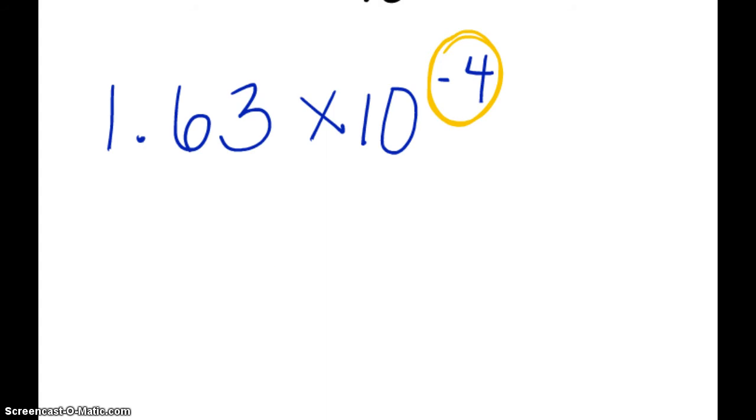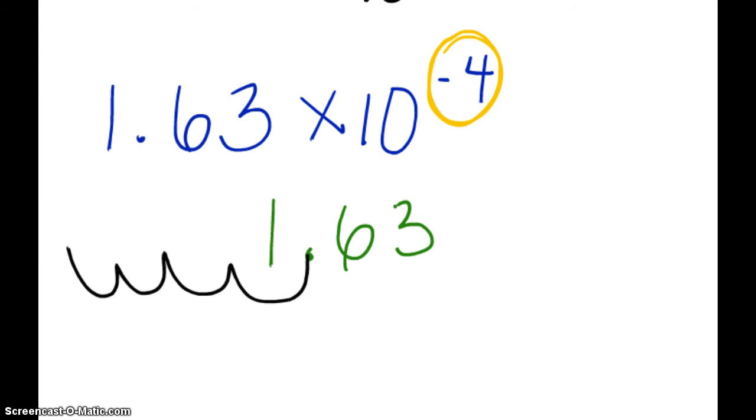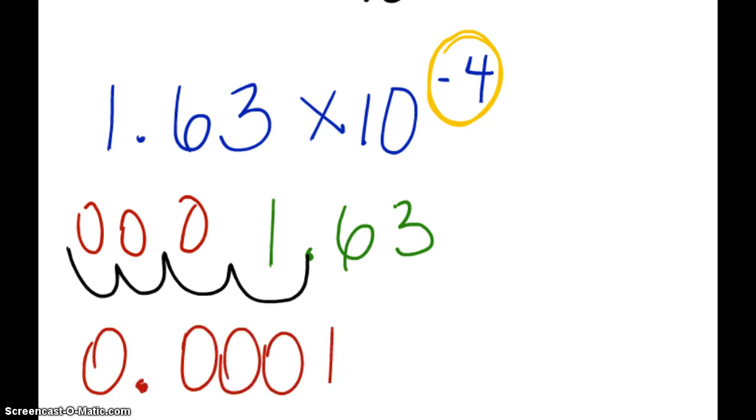So you're going to take your 1 and 63 hundredths, and you are going to move your decimal point to the left: 1, 2, 3, 4, and I would fill in my zeros here. So I have 0 with my decimal point, 3 zeros, and then 1, 6, and 3.